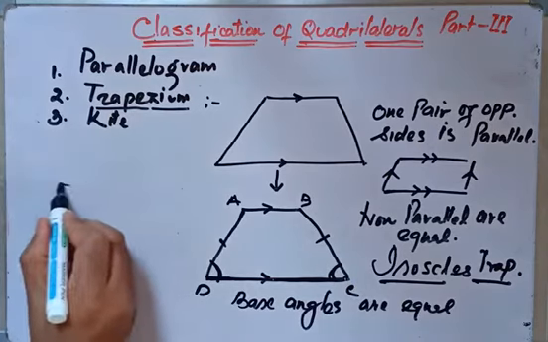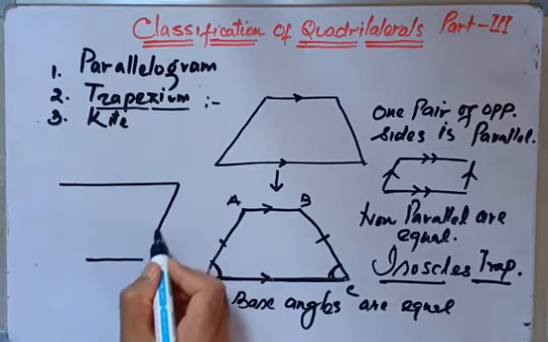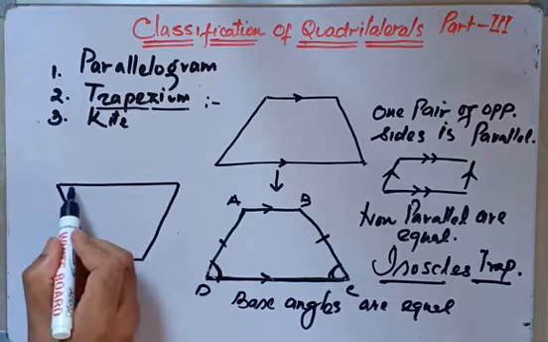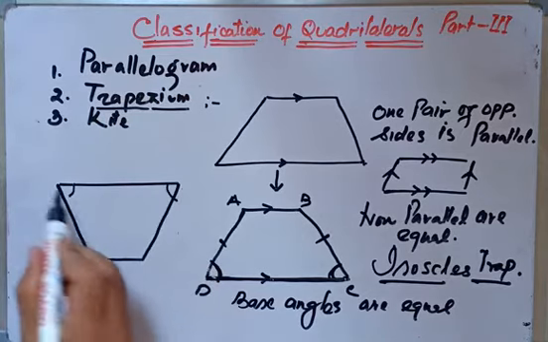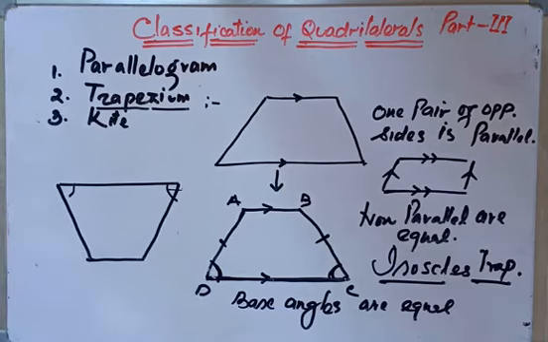For example, if I turn the trapezium upside down, these two are still the base angles because they are formed by the larger parallel side. In an isosceles trapezium, base angles are equal. This is again an important property of the isosceles trapezium.